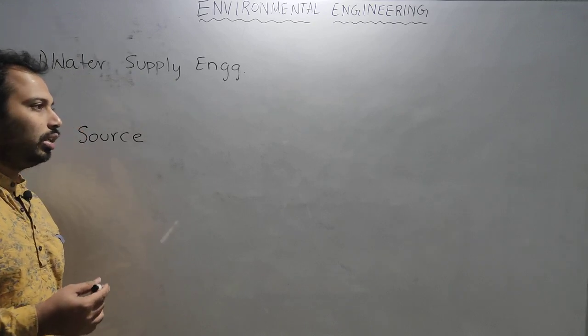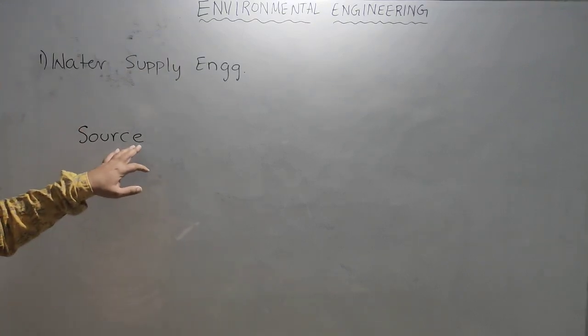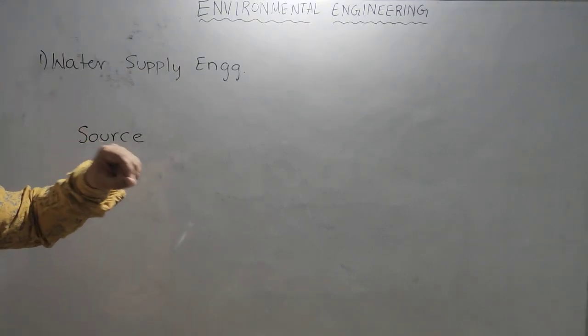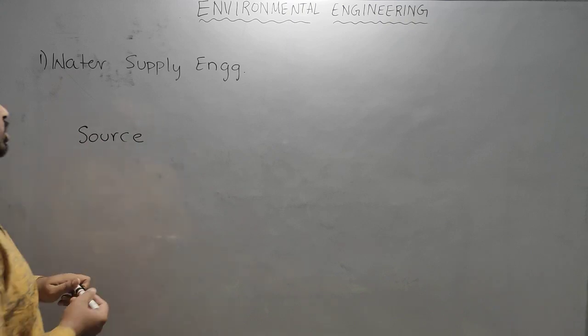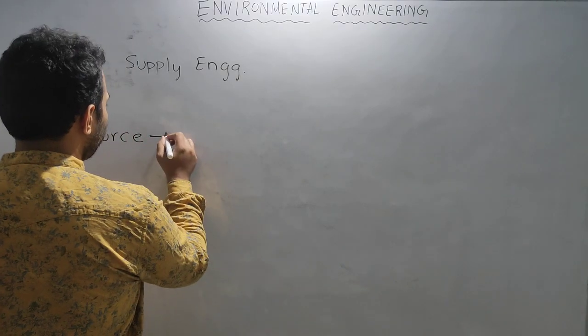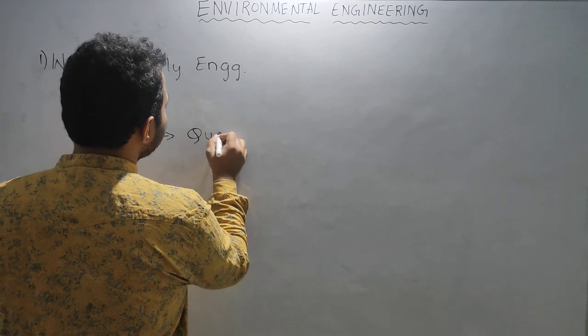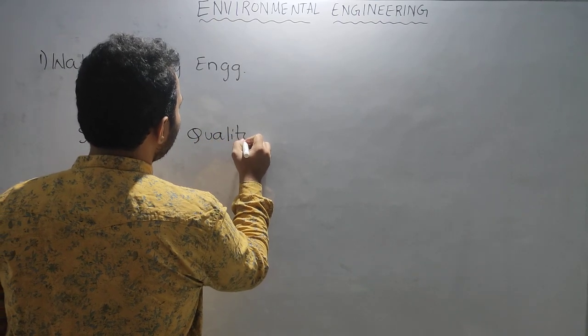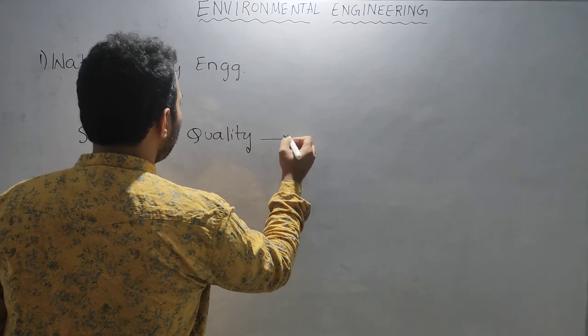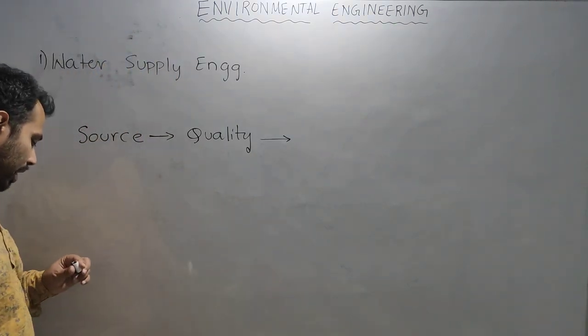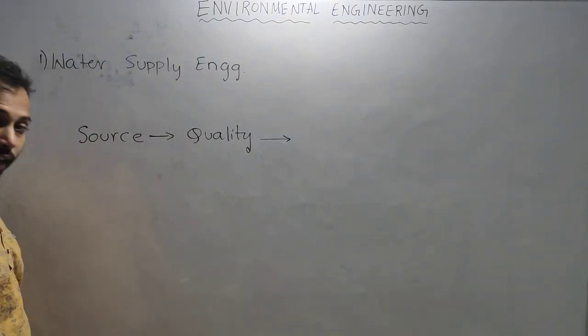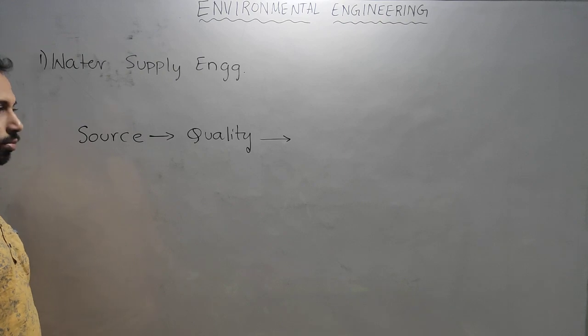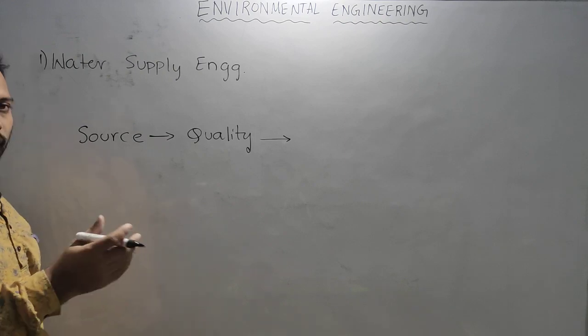So generally, after finding a source, we check the quality of the source. While doing the quality check, you will find the defects, and for those defects, you will do treatment.